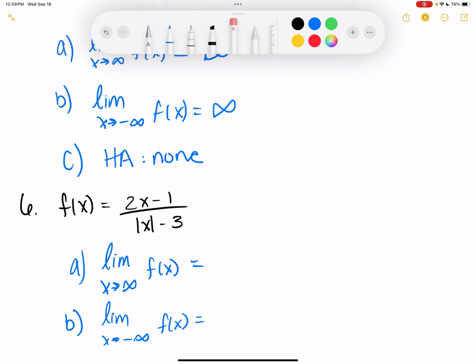So 2x over x would be 2. But then what about the minus 1 and the minus 3? We don't care about that. At infinity, it doesn't matter. Would letter B be negative 2? Yay.